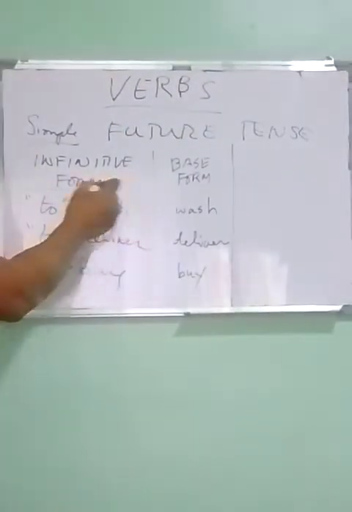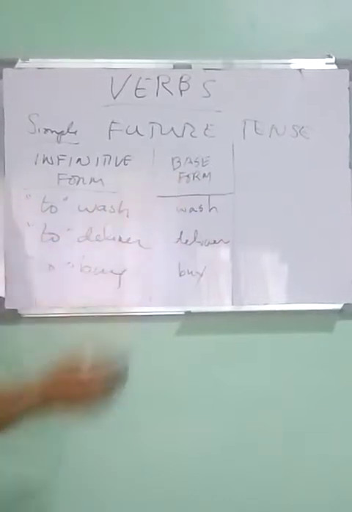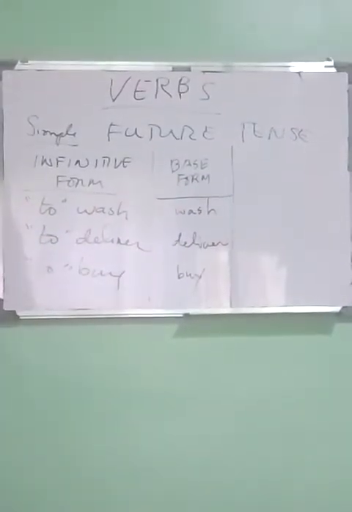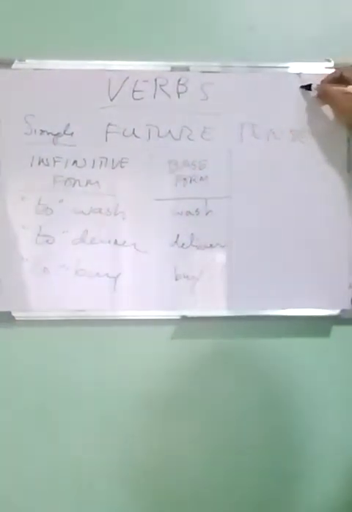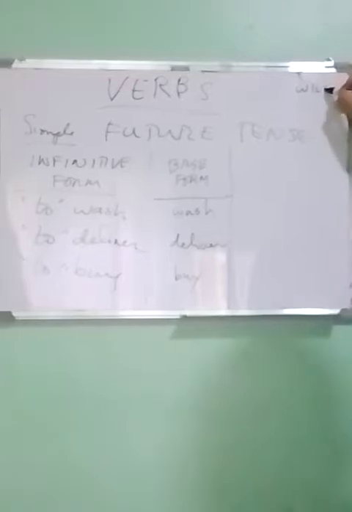After getting the base form of the verb, what do you add in order for you to form the simple future tense? Well, it's your choice. You have to add helping verbs, either will or shall. Now, there is no difference whether you use this or that; it depends on your discretion.